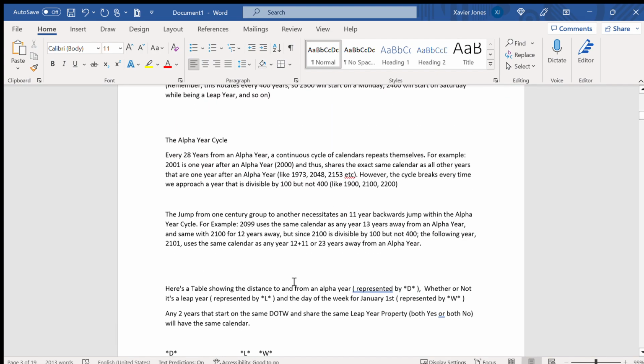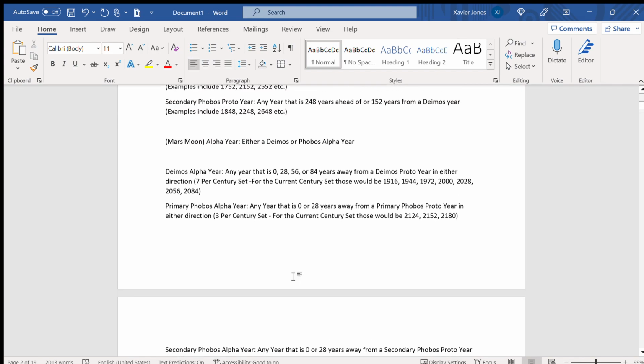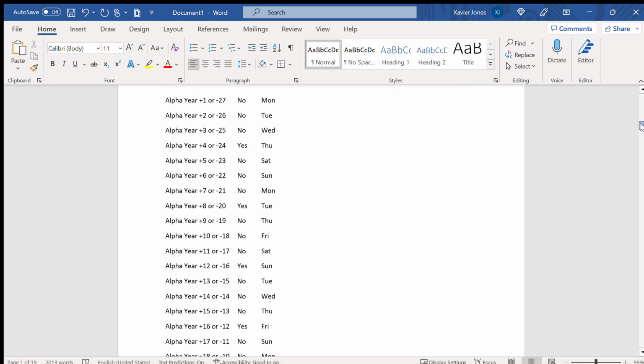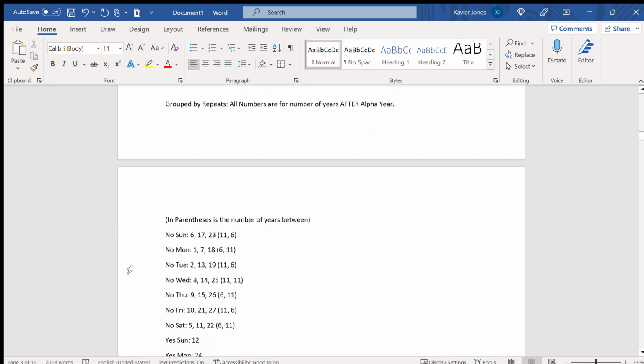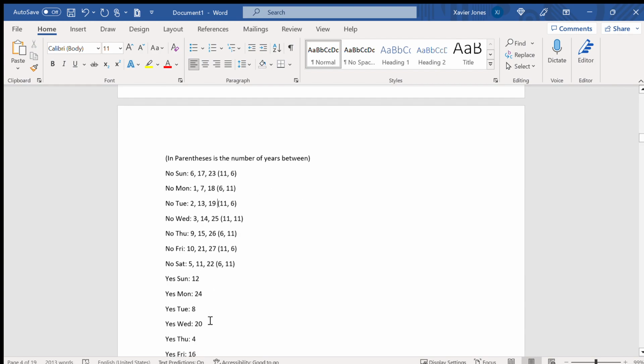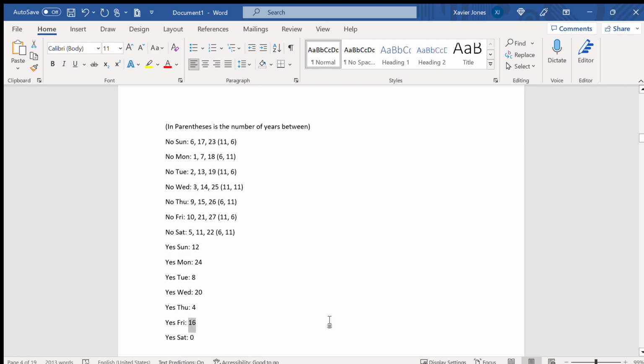So remember 1900. Where is this list? Oh, here it is. Okay. 1900 is 16 years away from a leap year. Sorry, 16 years away from an alpha year. That being said, no, it's not.